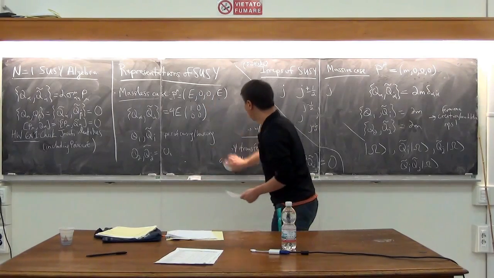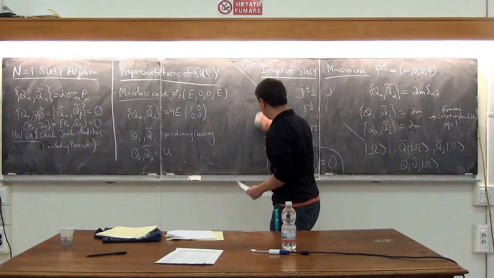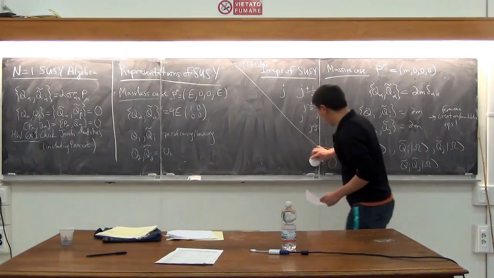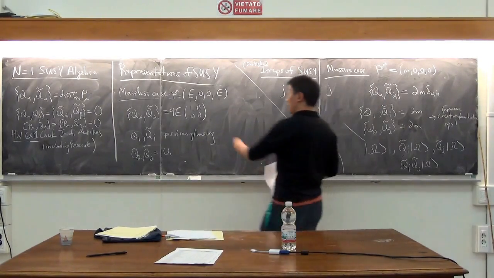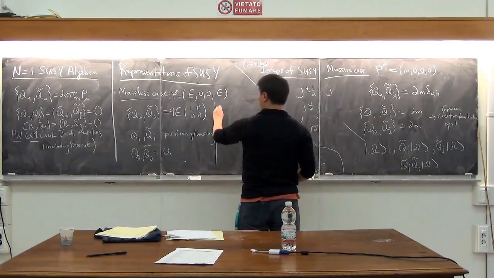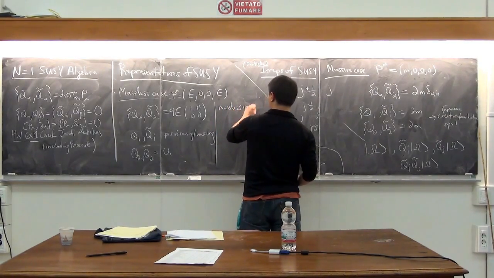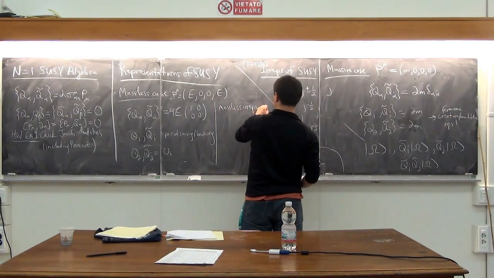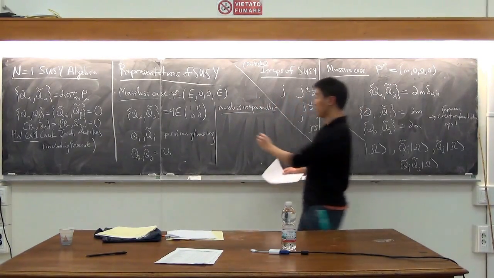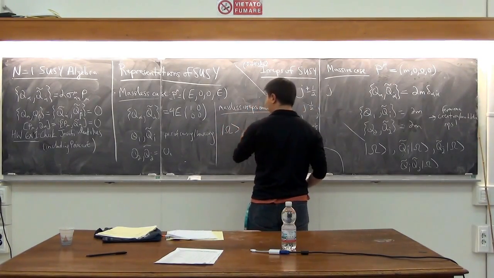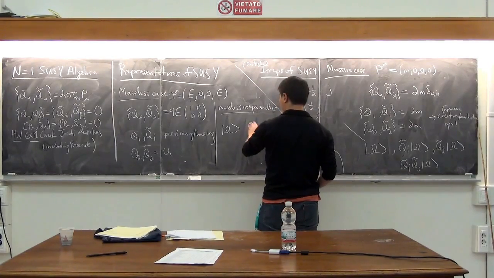All right. So this says that the massless irreps are smaller. You start with a vacuum, and then you can only act with this raising operator, and then you're done.